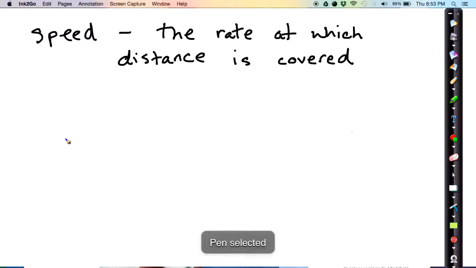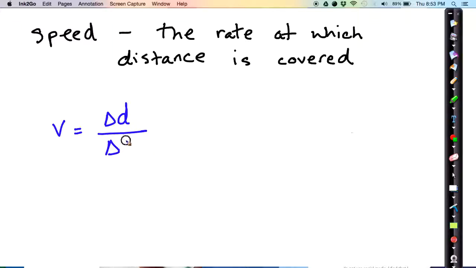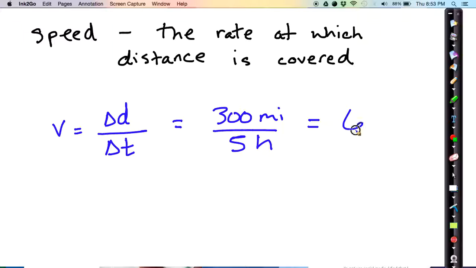So, using the equation, speed equals change in distance over change in time, we plug in 300 miles for our change in distance. That's how much distance we've covered. We plug in 5 hours for our change in time. That's how long it took us to cover 300 miles. And we divide through and get 60 miles per hour. So that's a very simple average speed calculation.